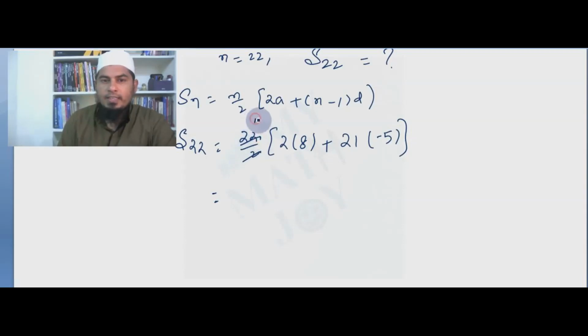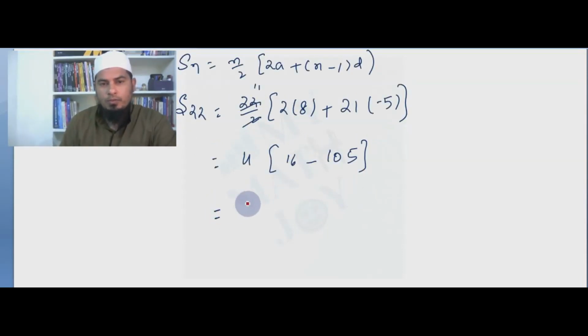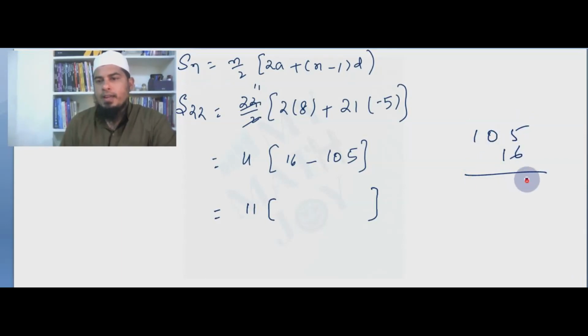Cancelling here, we get 11 times (16 minus 21 times 5). 21 times 5 is 105. The difference 16 minus 105 gives negative 89.